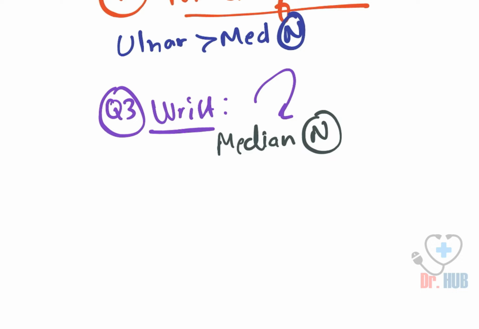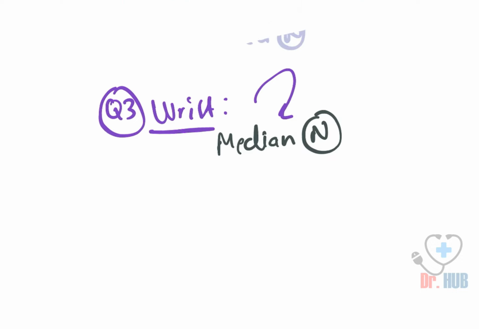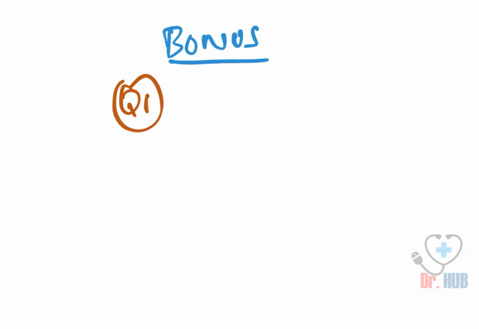Now we move on to some bonus questions which can be answered in the comments. The first question is, what are the nerves involved in case of the knee dislocation? What are the nerves damaged?